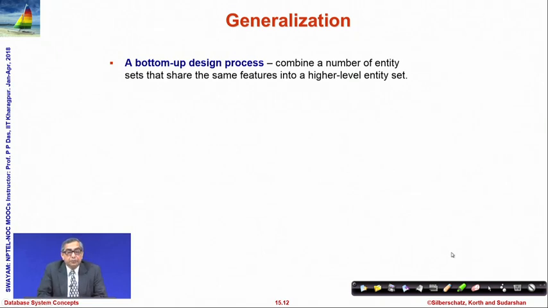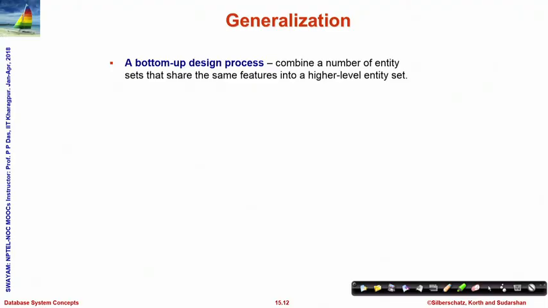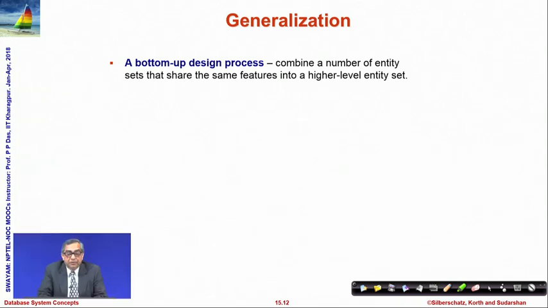You can look at it now, from the object based system, that if you have a specialization hierarchy, you can think of it as a generalization hierarchy also. The generalization hierarchy goes in a bottom up manner. So, instead of actually starting with an entity set and finding out subsets of entities which have greater commonality between them and putting them as specialized, you could actually group them in terms of finding out what they share and create higher level entities.